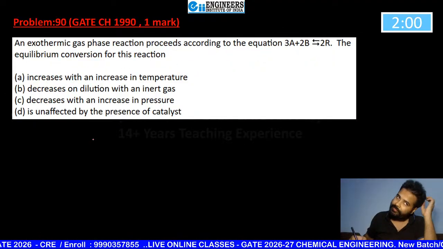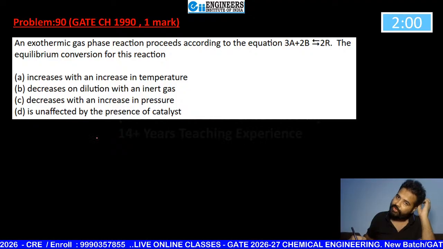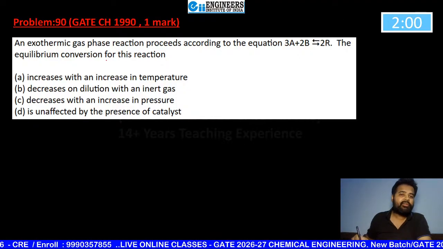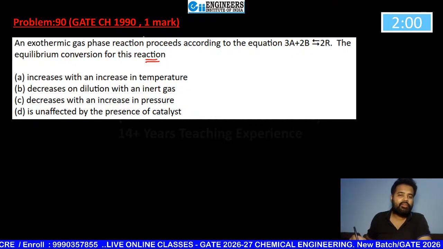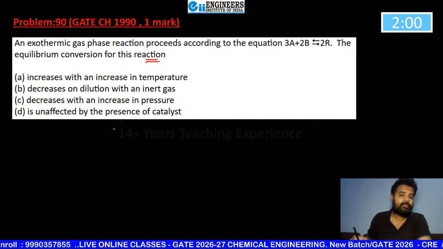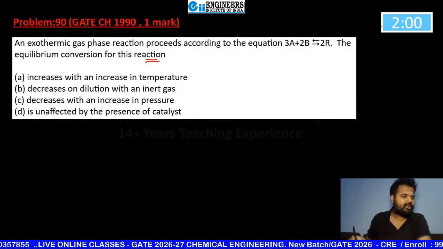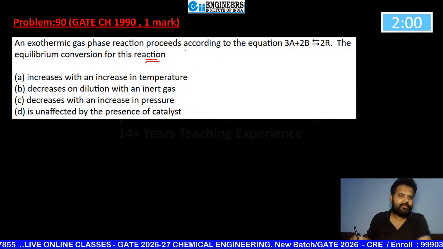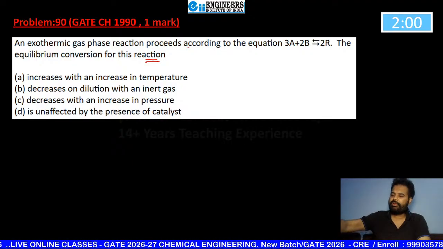And this one, beta: an exothermic gas phase reaction proceeds according to the reaction given. For the equilibrium conversion of this reaction, only one option can be correct. Can you tell me which one is A, B, C or D? No need of any timer. The problem is very easy. Tell me, everyone, please.